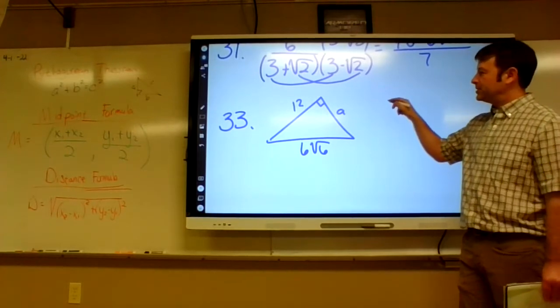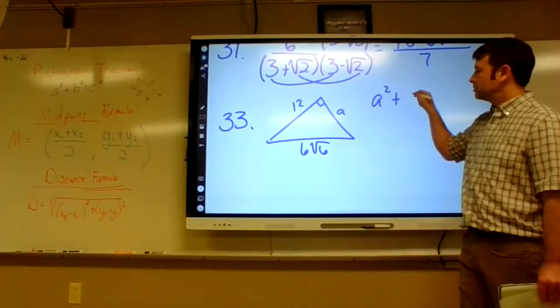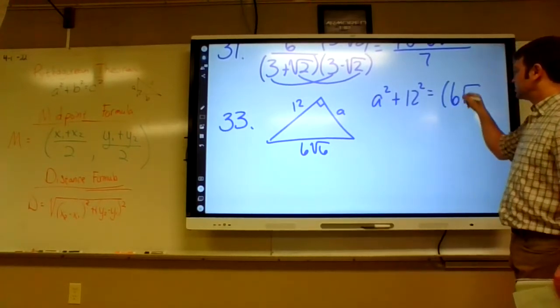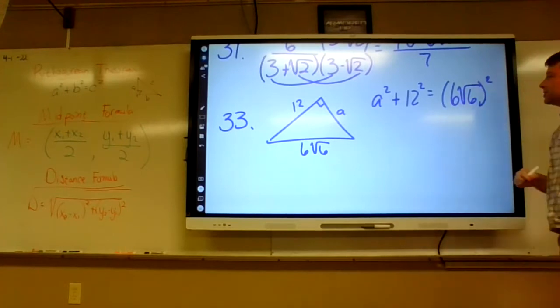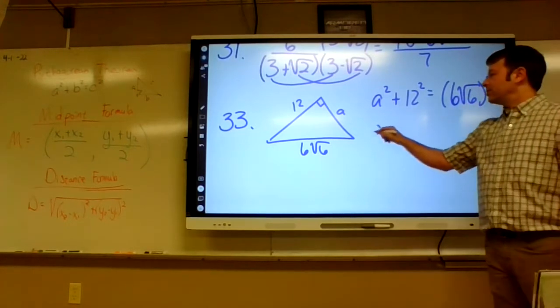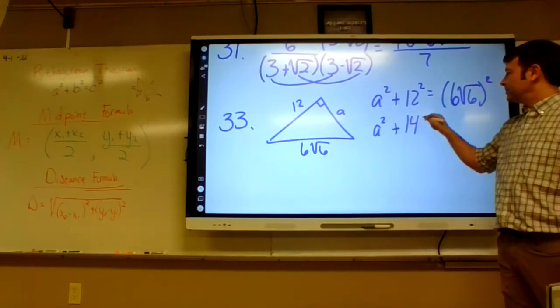So how would I set up this equation? Square root of 6 squared, plus a squared, equals 12 squared. Notice I put parentheses around the square root of 6 because all of that is squared, not just the 6. 12 squared is 144.